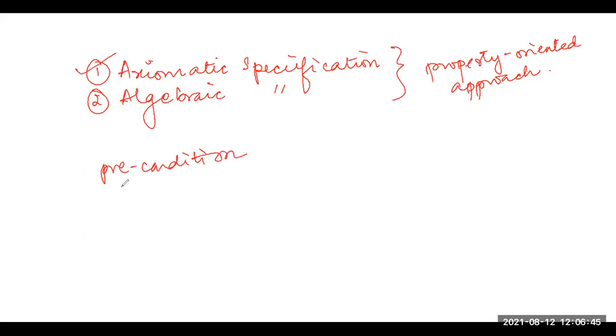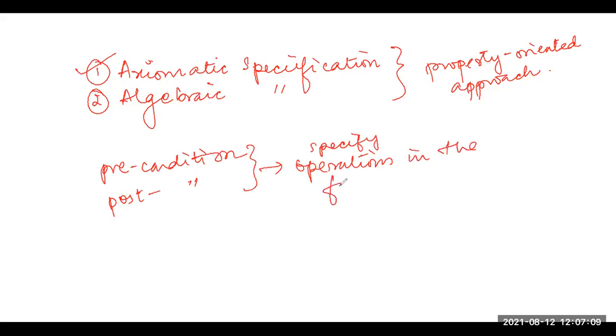I will use logic to formulate the precondition, then the post-condition, and using the precondition and post-condition, I will specify the operations of the system, and these operations will be specified in the form of axioms. Now, what are the axioms? We will have to talk about that.